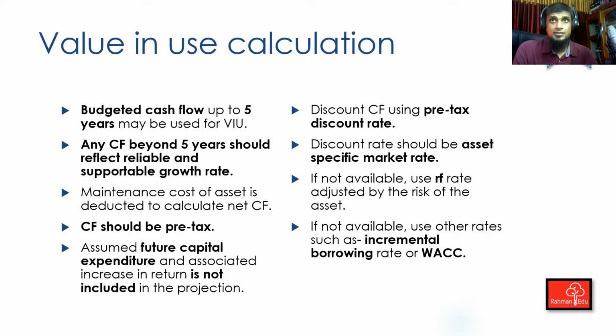So IAS 36 says, well, extrapolate the cash flow beyond 5 years. This is your budget that considers 1, 2, 3, 4, 5 years. Then 10, 15, 20, and so on.